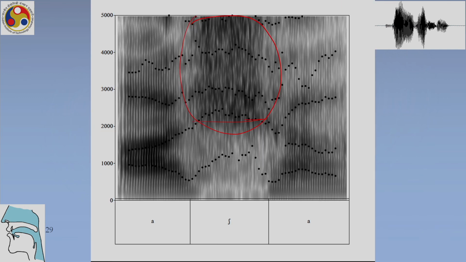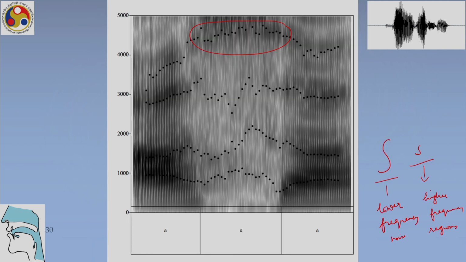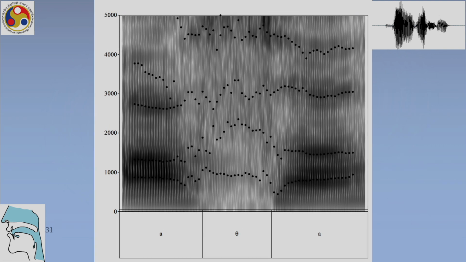As you can see, for fricatives, the other important thing to note is how strong the frication regions are. You can see that we have a lot of energy here, energy starts higher there, but we have very distributed, dispersed energy here for th. Now we move to ha, aha.